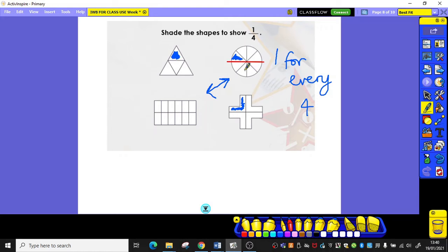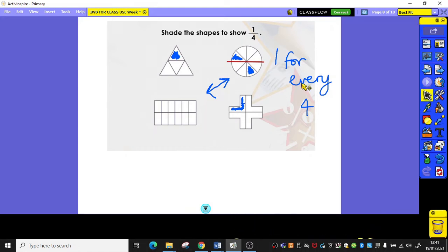And then in my second part, which again is my second half, has been cut into 4 pieces, I could colour any one of those, and I'm going to colour this one. So I've now coloured a quarter of this shape, and if I get rid of that line, we don't actually need that.